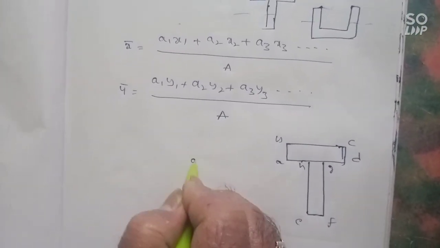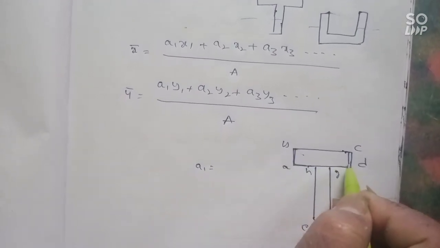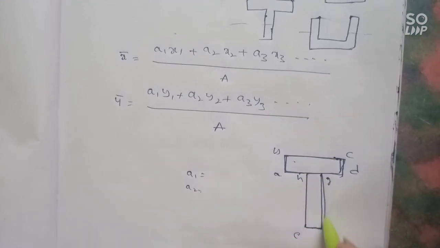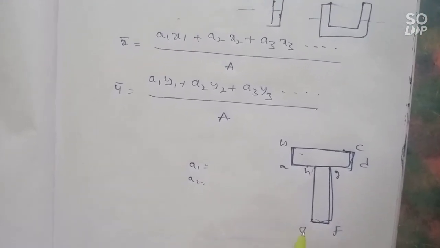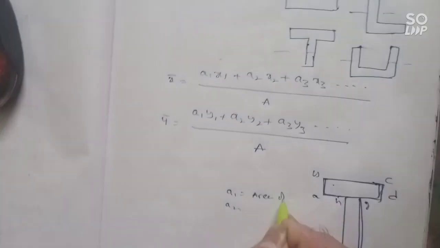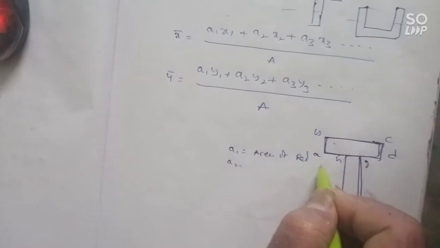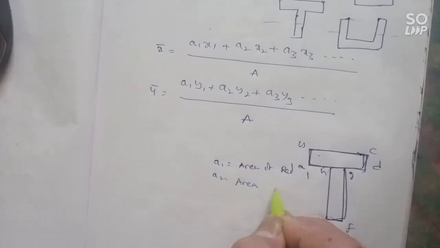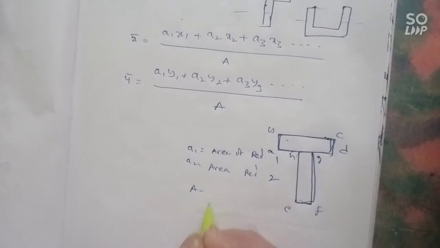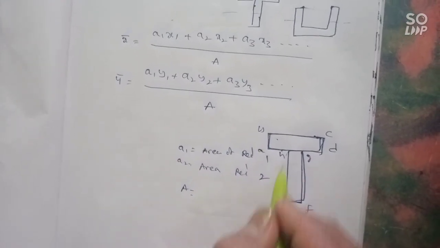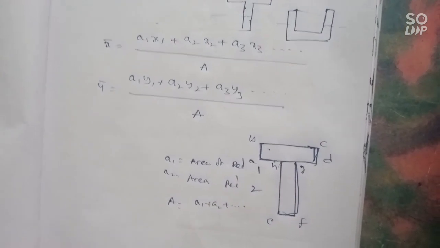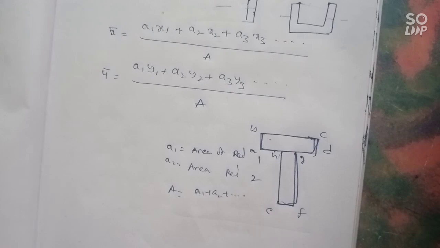Here small a1 is the area of the first rectangle, a2 is the area of the second rectangle, and capital A is the total area of the T section, that is a1 plus a2 plus a3 etc.